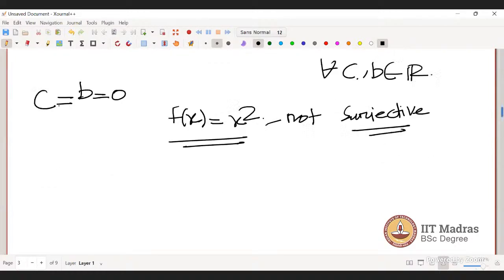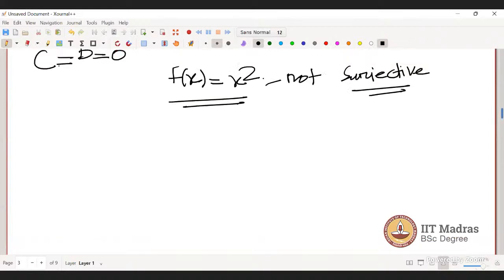Next, go to option 1 by e power x. 1 by e power x is an unbounded function, I guess it's also not correct. So e power x is always greater than or equal to 1, right? Then 1 by e power x is always less than or equal to 1, right?